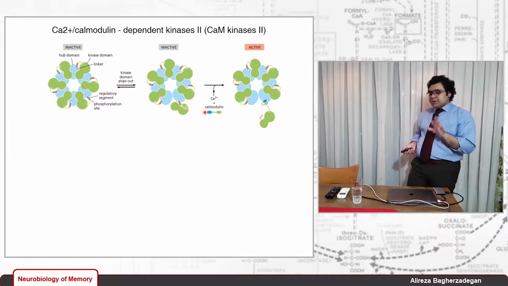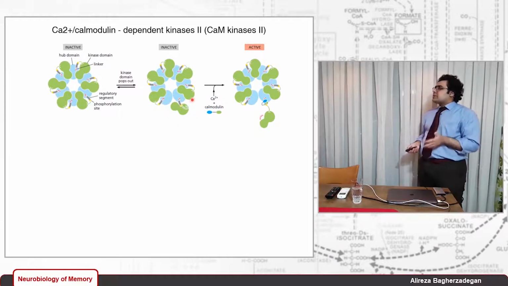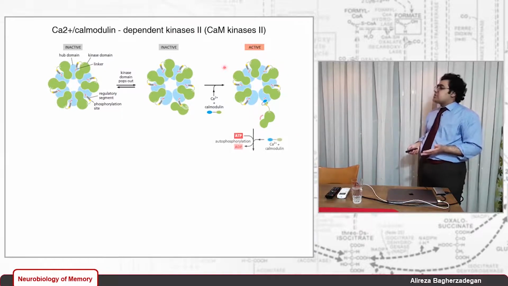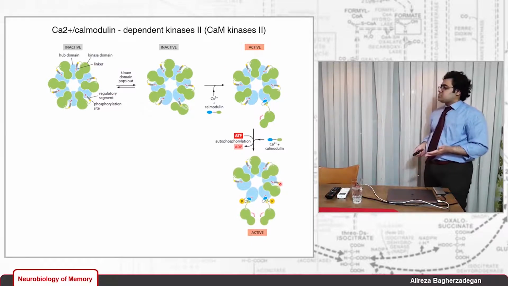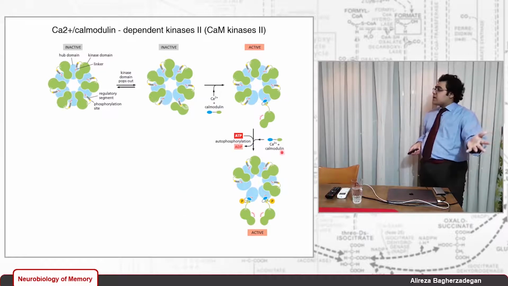So whenever the calcium calmodulin is present in the cell, the calcium calmodulin complex is going to bind to this regulatory segment and activate one of these kinase enzymes. And now it is active. What happens next is that another one of these enzymes may pop out again, okay, and again calcium calmodulin complex may activate that.